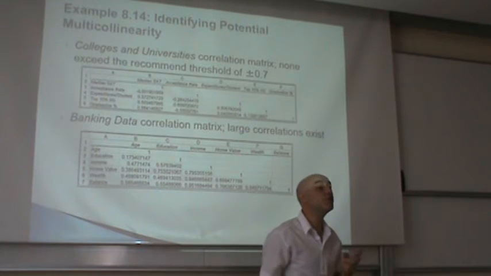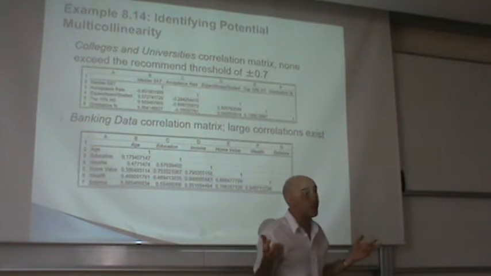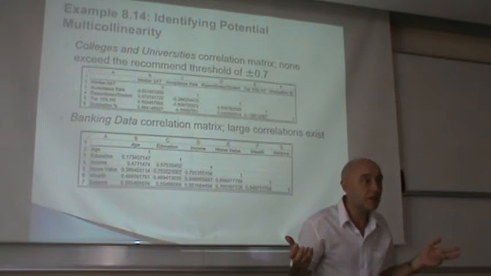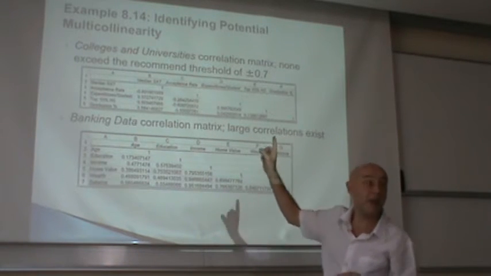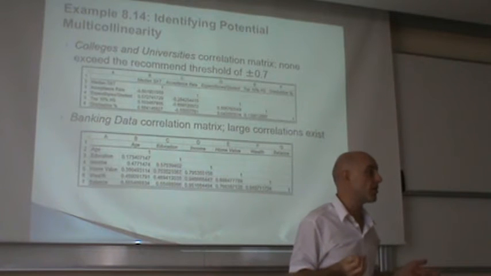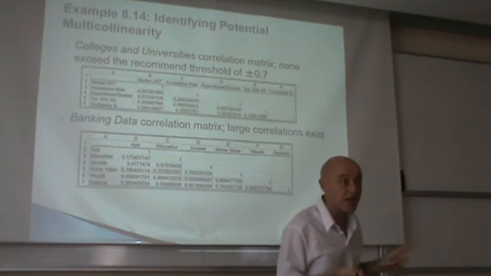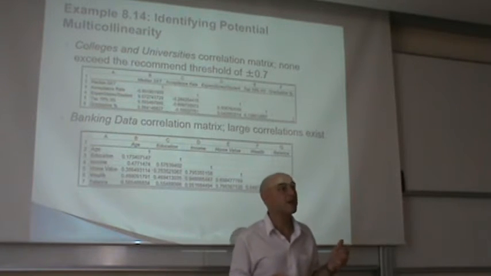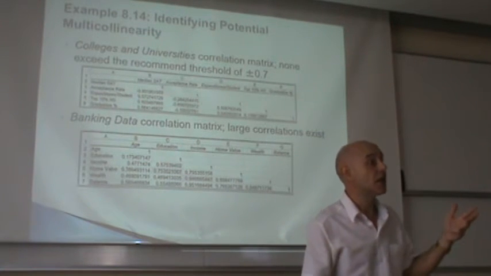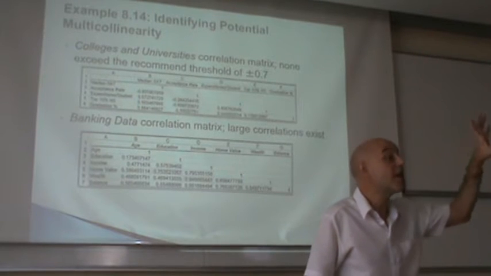Well, how do you identify if there may be, they use the word potential multicollinearity? Well, you run what's called a correlation matrix. Well, you did it in the lab before, the correlations.